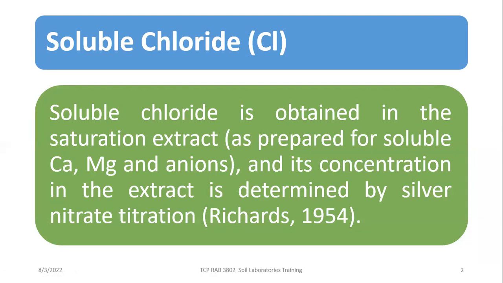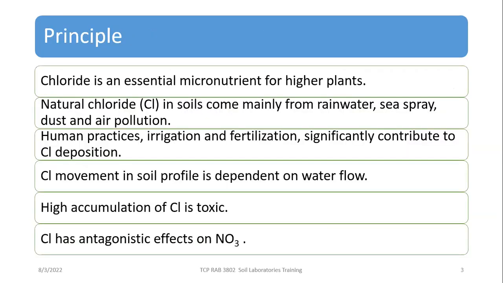Its concentration in the extract is determined by titration against silver nitrate. In this case, chloride will be precipitated in the form of AgCl, silver chloride. Principle.